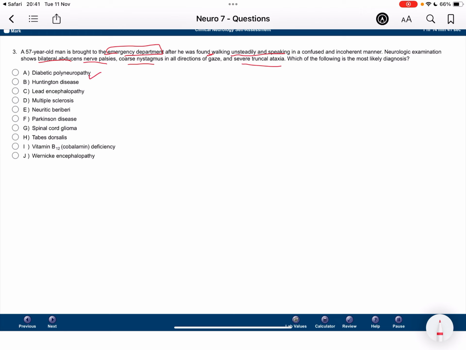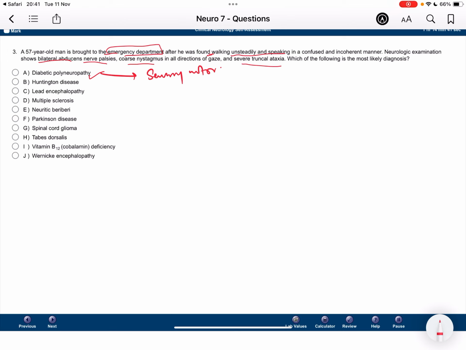Obviously, poorly controlled diabetes can affect multiple nerves and can lead to diabetic polyneuropathy. Whenever there is diabetic polyneuropathy, it usually results in sensory motor findings. Sometimes there can be diabetic amyotrophy as well, where there can be pain.